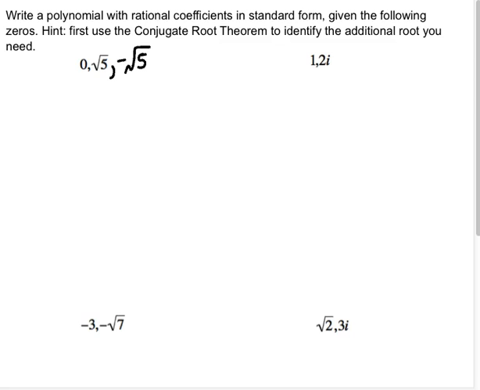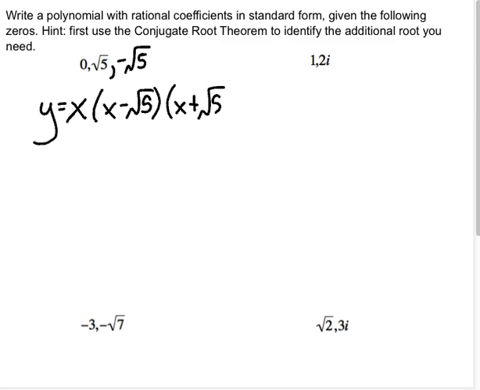So when I'm writing my zeros, now I'm making my factors. Remember, a factor of x is what just makes 0. A factor of x minus square root of 5 will give me that root of square root of 5. And x plus square root of 5 will give me that negative square root of 5 root.